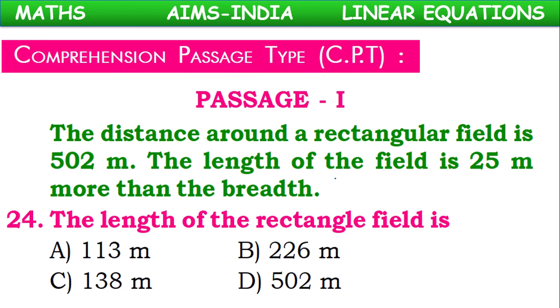The passage, children. The distance around a rectangular field is 502 meter. We have a rectangular field.